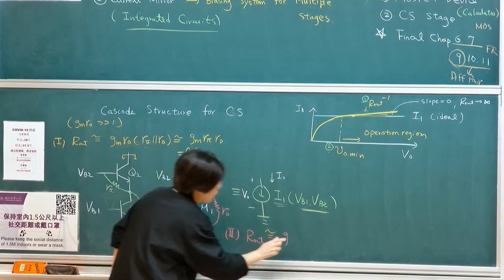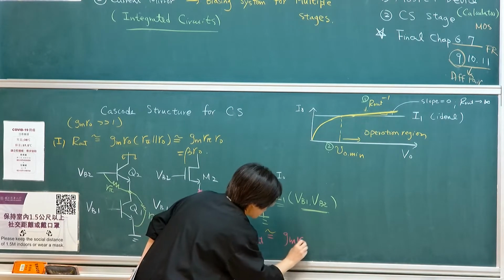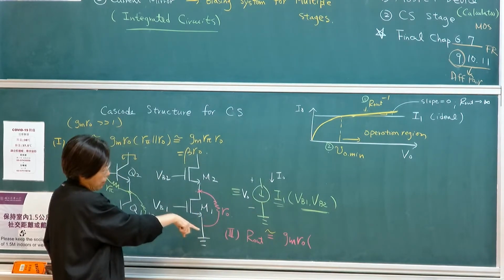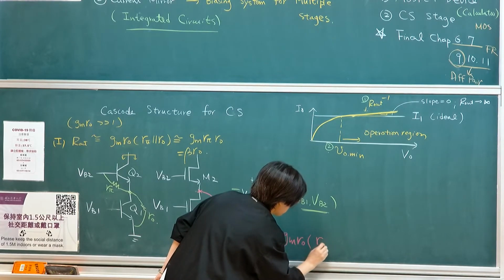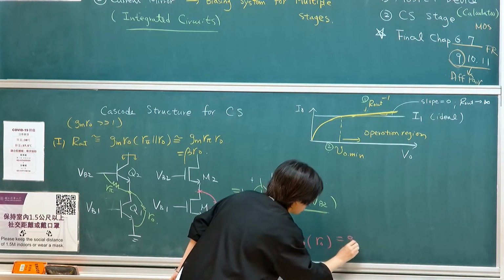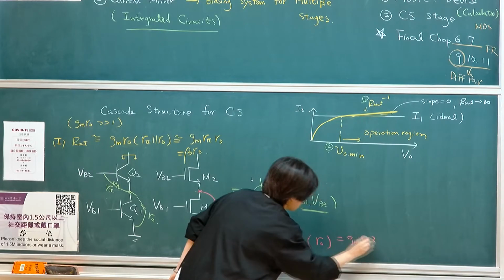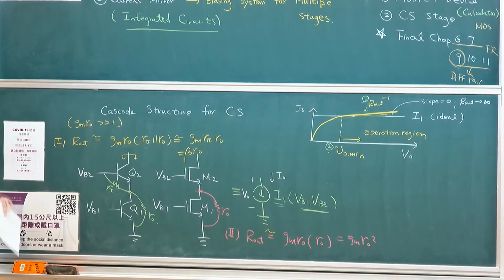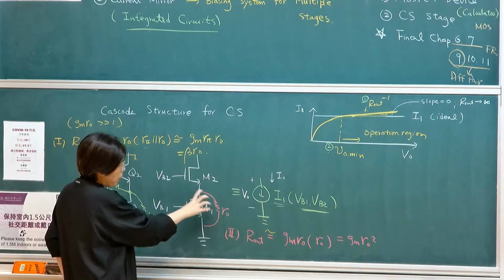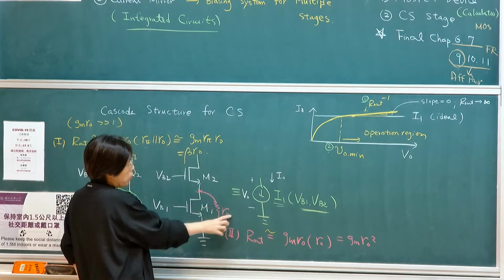This is approximately gm. There's always gm ro times whatever you see downwards, which is ro. So you get gm ro squared. Okay? So this order of magnitude is probably correct. The main reason you see this is because there's only one.